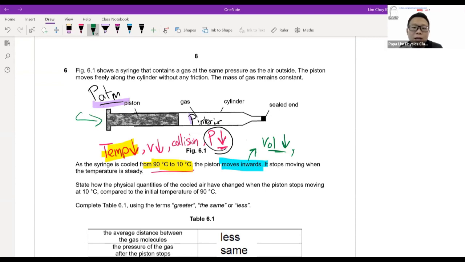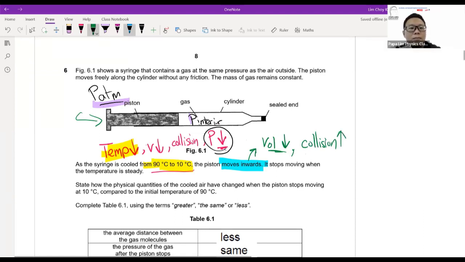One thing to take note of is that at this point the temperature is at this particular level. Because the volume decreases, the collisions increase due to the reduction in space.